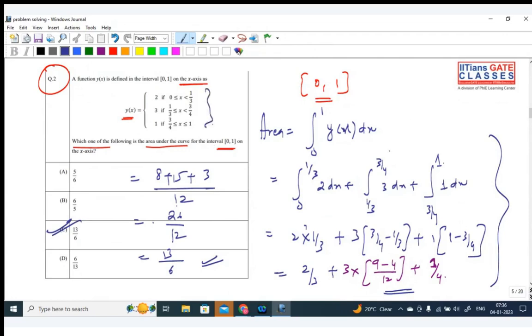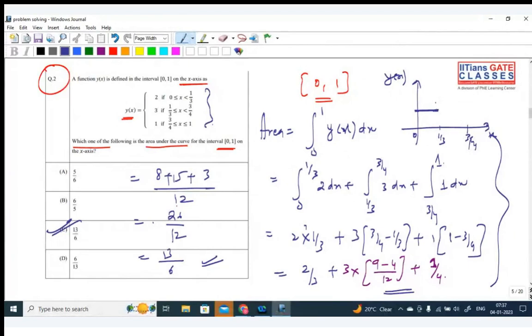You can plot this function, like y of x versus x. From 0 to 1/3, what is there? 2 is there, right? From 1/3 to 3/4, what is there? 3 is there.